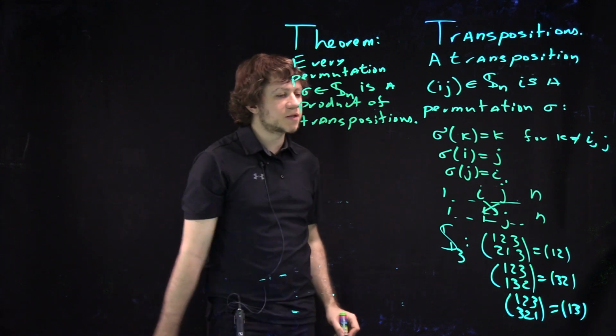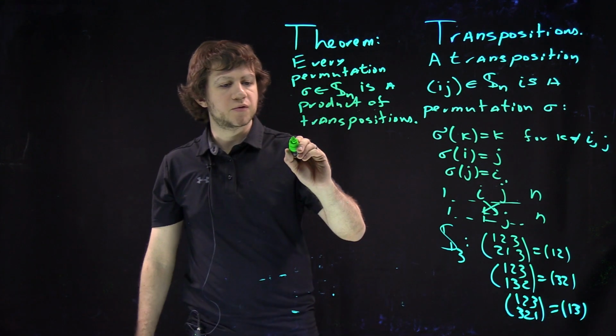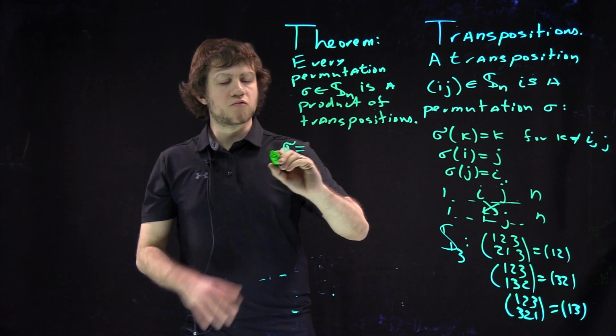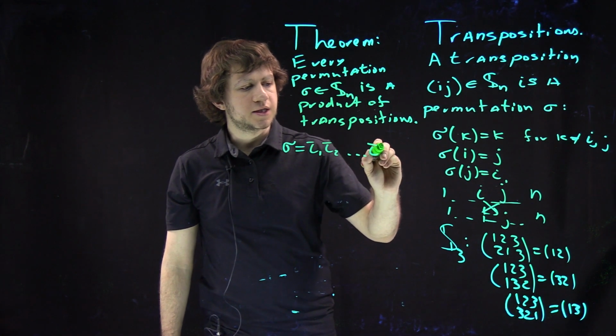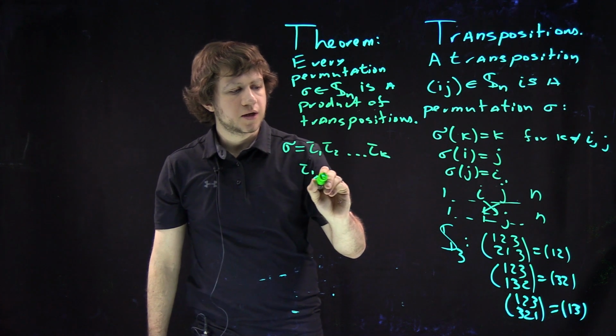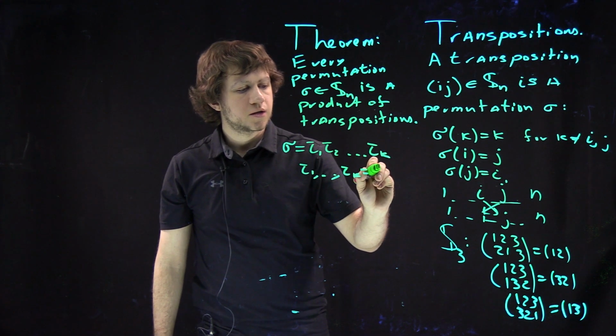What it means is that if you have a permutation sigma, then you can write it as a product T1, T2, and so on, Tk, where T1 and so on up to Tk are transpositions.